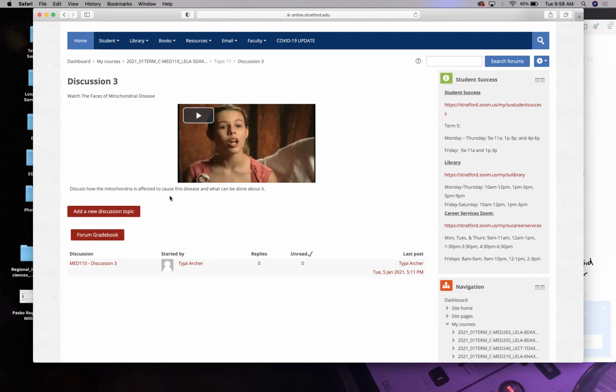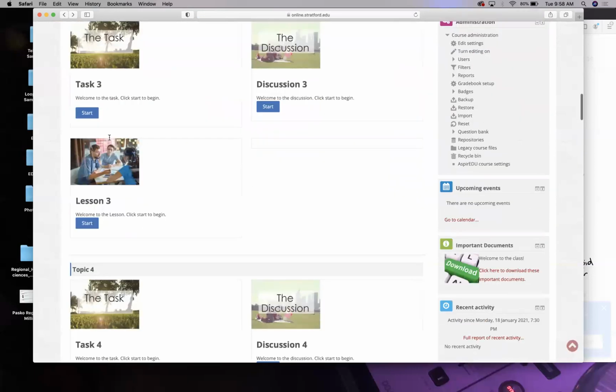You can also look it up, but discuss how the mitochondria, which is the powerhouse of the cell, relates to this disease, and make sure you grab a source. It could be your textbook, and again, have your opinion, your rationale, some sort of body of evidence, and a conclusion to wrap it up. Okay, and that's of course due next week.